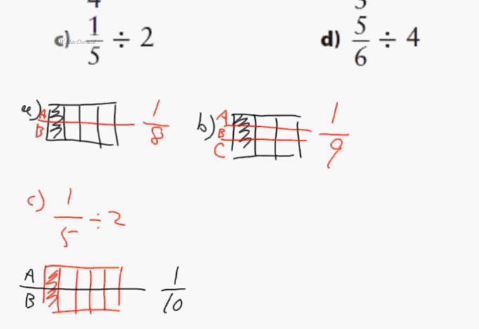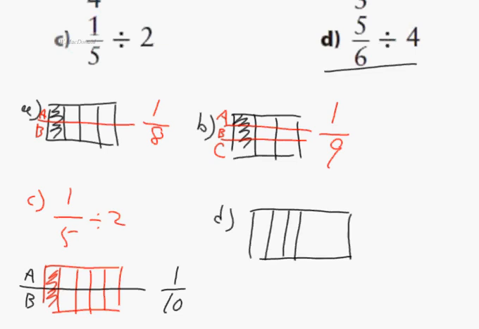And the last question, 5/6 divided by 4. So 1, 2, 3, 4, 5 line makes 6 parts. 1/6, 2/6, 3/6, 4/6, and 5/6. 5/6 divided between 4 people. We cut it in half, and then cut each of those in half.